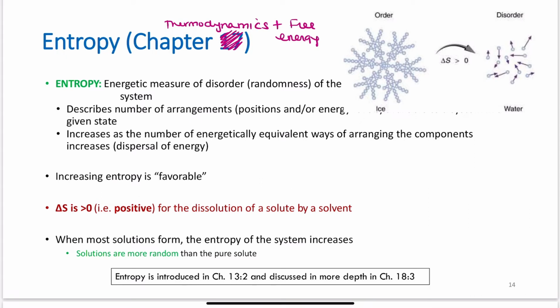Increasing entropy is favorable. So an increase in entropy, positive entropy, is favorable. We say delta S is greater than 0, or positive, for the dissolution of a solute by a solvent. We're increasing the entropy.